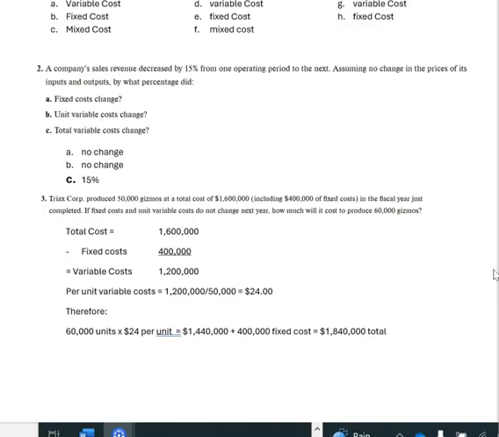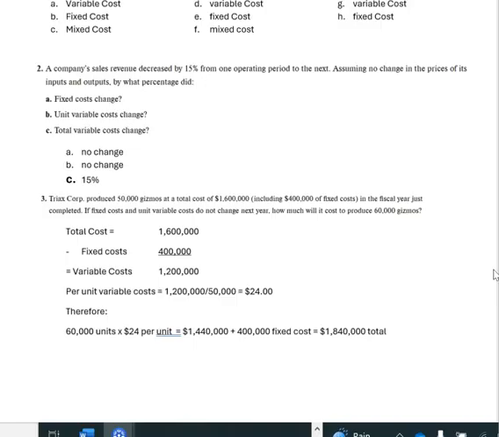Unit variable costs. If there was no change in prices for the inputs, then the unit variable cost would not have changed at all. But the total variable cost would have changed by the 15%, because remember, your variable cost changes in direct relation to your revenue.